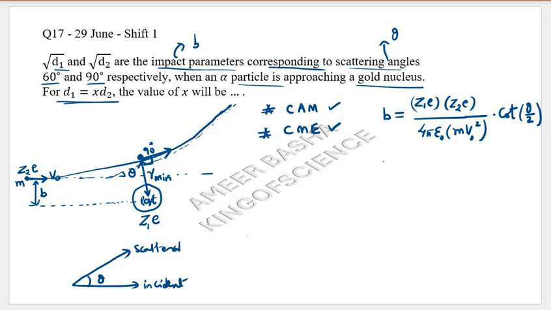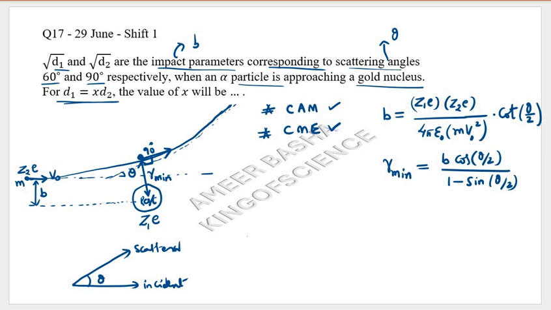Similarly, the minimum separation between the nucleus and the alpha particle is given by b cos of theta by 2 divided by 1 minus sin of theta by 2.